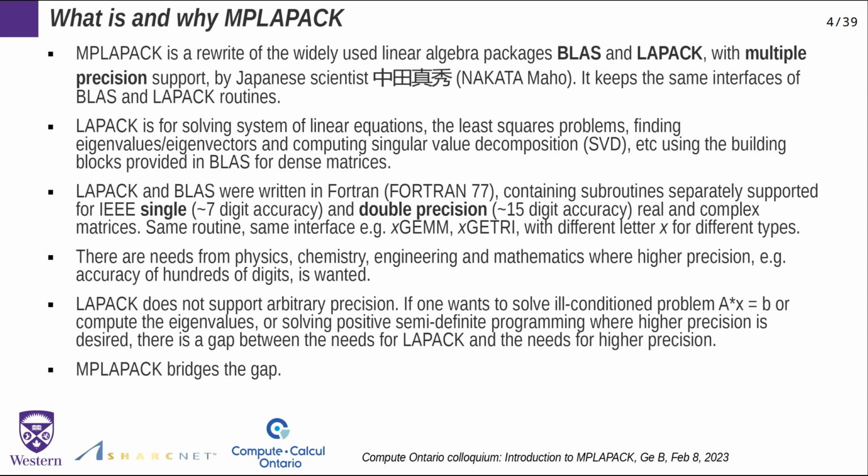If one wants to solve, for example, an ill-conditioned problem Ax = b, or compute eigenvalues, or solve semi-definite programming where higher precision is desired, there is a gap between the needs for the linear algebra operations, LAPACK, and the needs for higher precision. And MPLAPACK bridges the gap.